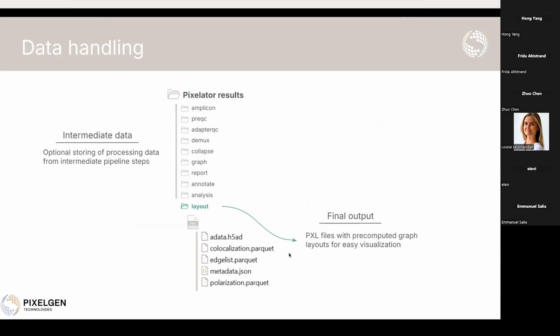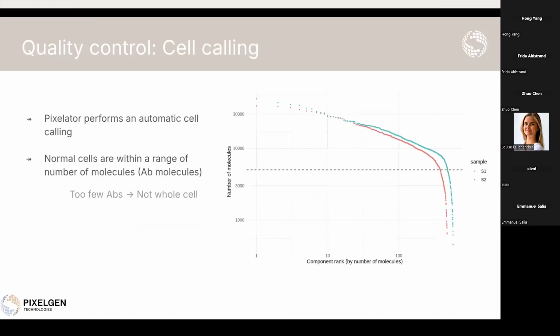And as I described, with that you get the different layers. So you get the abundance, you get colocalization and polarity as well. But the first step beyond that, having read your files, is to start the quality control.